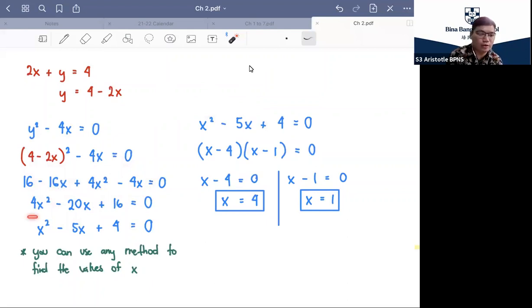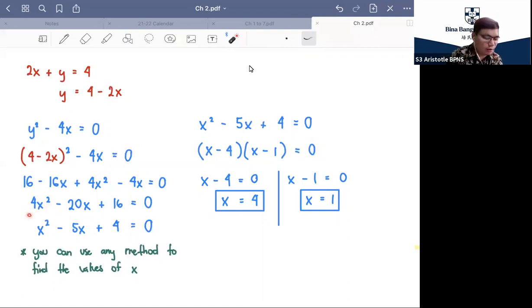Now, class, try to observe the coefficients of each of the terms. If you have observed closely, all of these three numbers are divisible by 4, right? Because class, when we solve quadratic equations or any equations, we want to make the numbers as small as possible.